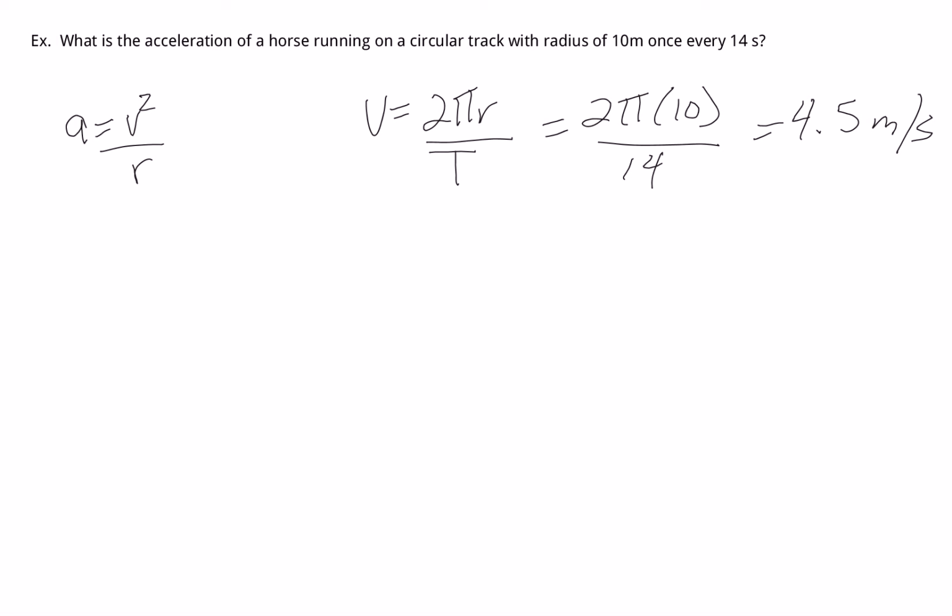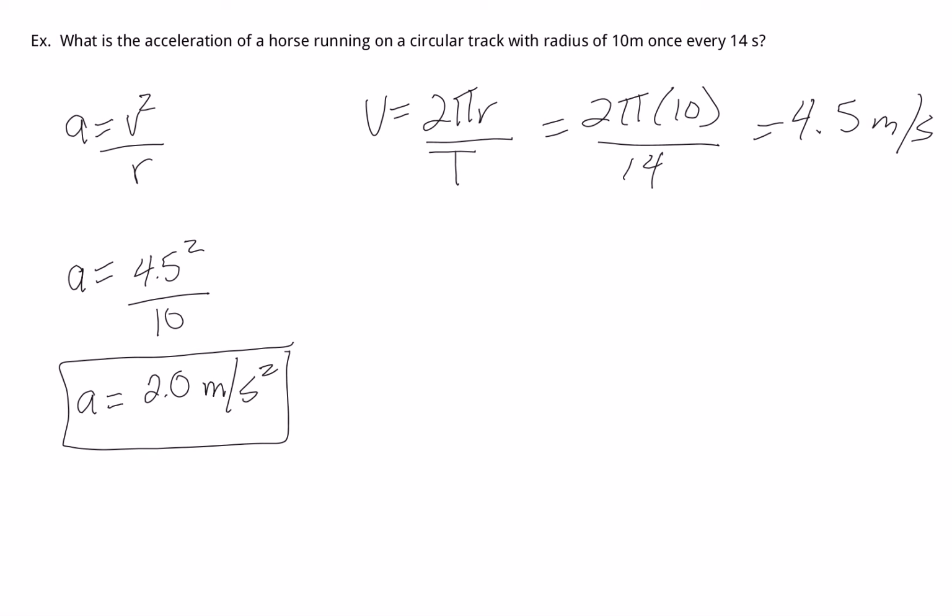So now we can actually calculate the acceleration. So we'd have 4.5 squared divided by the radius of 10, and we're done. So when we square that answer and divide by 10, we get an answer of 2.01, and we'll just round it off to 2 digits, so 2.0 meters per second squared.